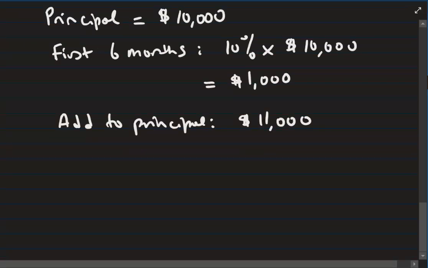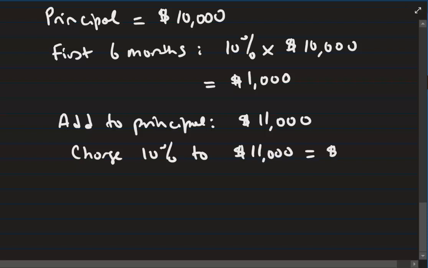Now for the second 6 months, charge 10% to $11,000, and that's equal to 1,100. You can calculate that yourself.